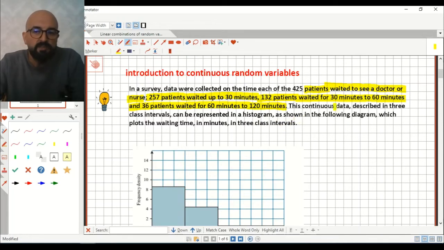This continuous data described in 3 class intervals can be represented in a histogram as shown in the following diagram, which plots the waiting time in minutes in 3 class intervals.